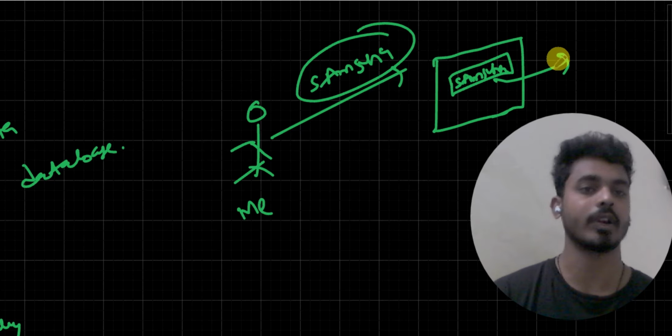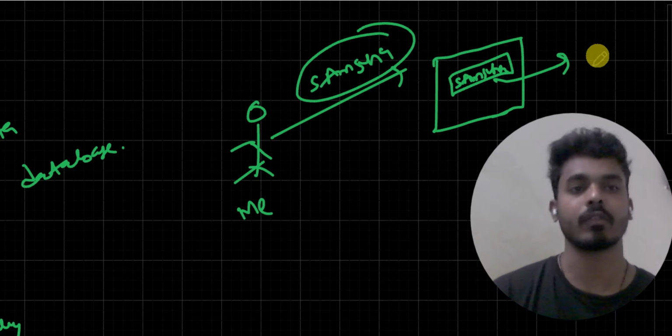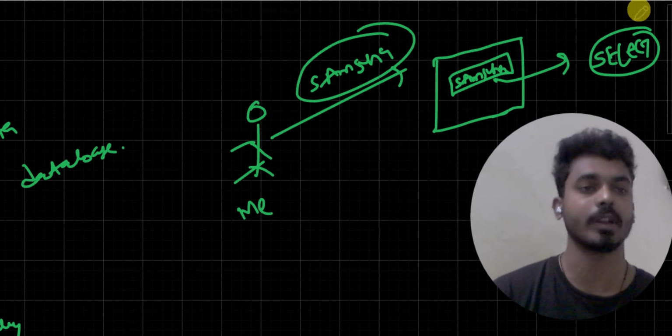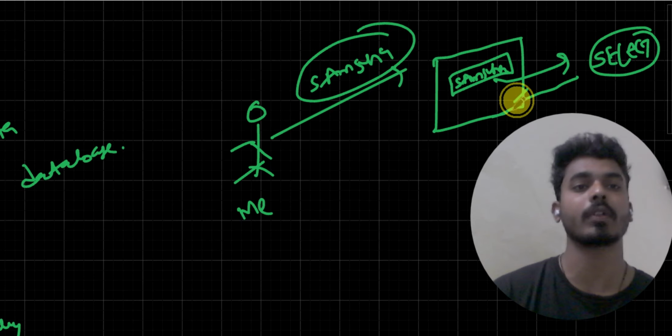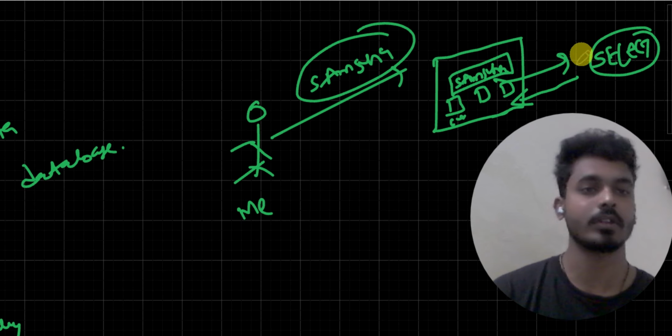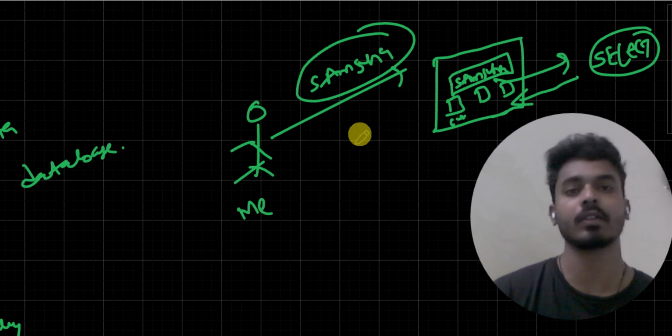Behind the scenes, someone wrote a select query, which fetches the data from the database related to the user query, then returns it to the front end. In the front end, we see the Samsung phones and their cost. So here we are reading the data, and the select command comes under read operations.